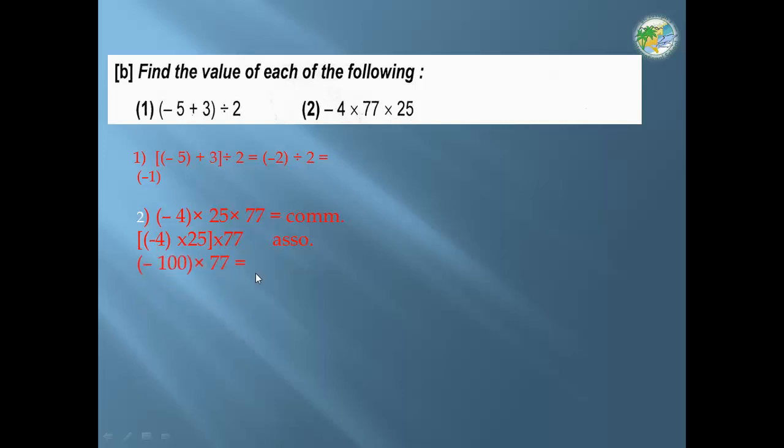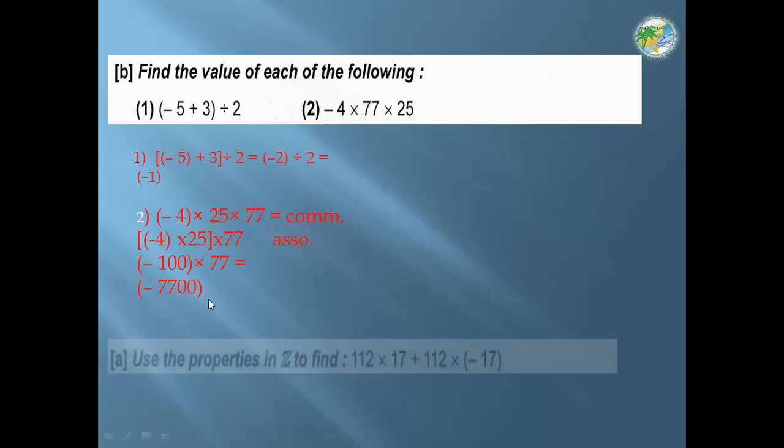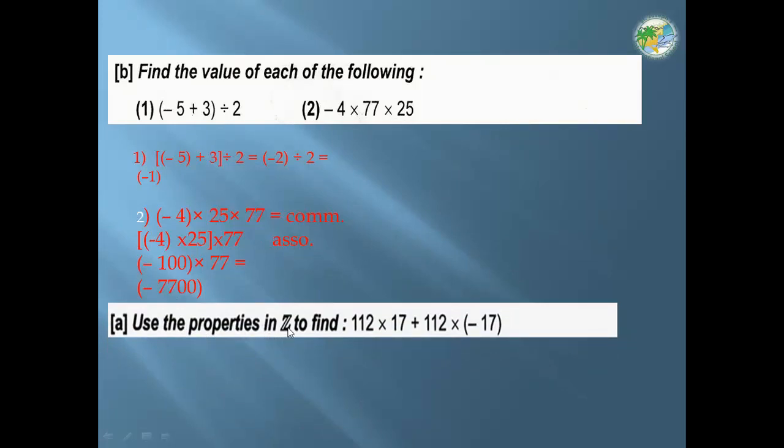We said before إن لما بيكون different sign بنعمل إيه؟ Multiply 4 times 25 وراي�ت النيجاتيف. If I multiply 2 different signs, it should be a negative sign after the multiplication. طيب 100 times 77 equal what? طيب and after we finish we write a negative sign تبقى equal what? 7700, negative 7700.